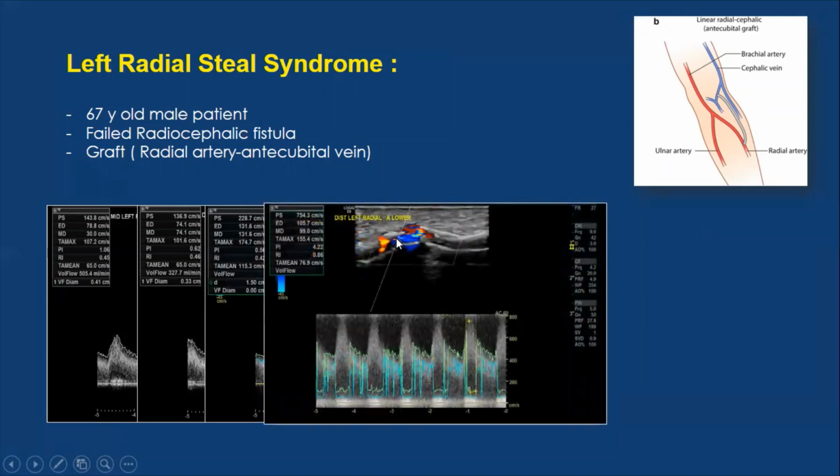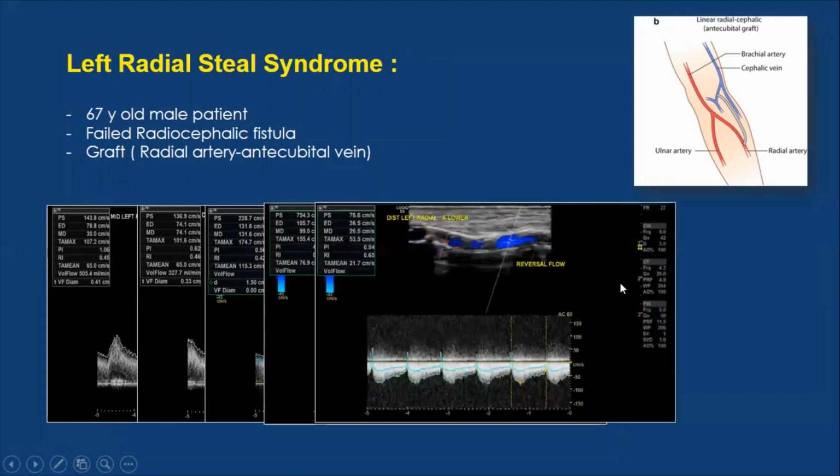At the site of anastomosis of the graft with the radial artery, there was a very high velocity. What we are interested in here is making sure that the flow is going to the hand. In this case, it was not. We can see here the color box, the beam steering. So the beam is directed towards the head, and as we can see from the color map, we can expect the red is up.